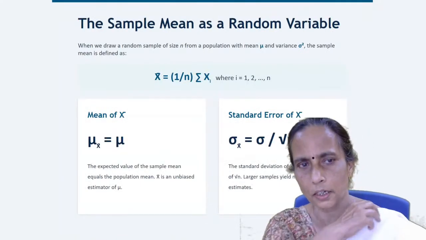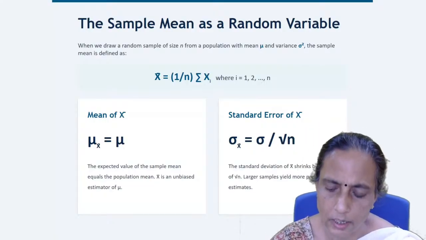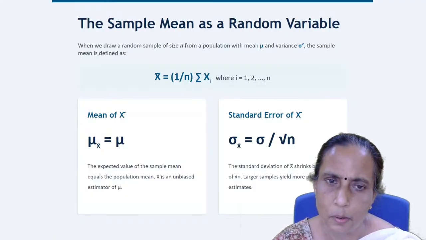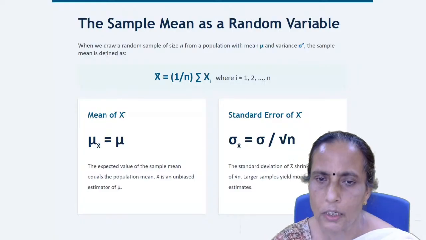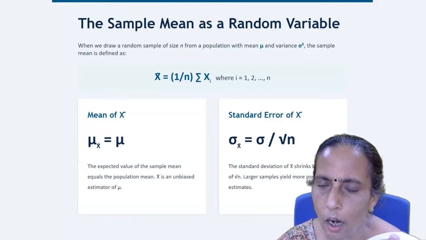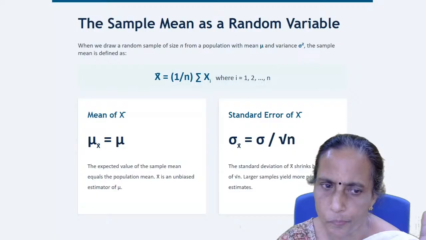The sample mean as a random variable. When we draw a sample of size n from a population with mean mu and variance sigma square, the sample mean is defined as x bar equal to 1 upon n summation xi, where i varies from 1 to n.